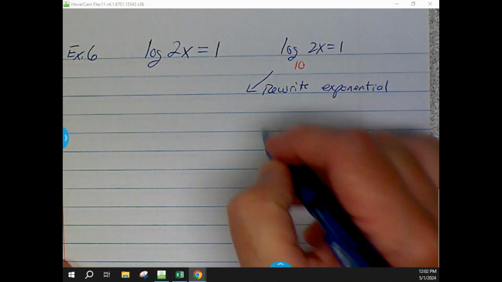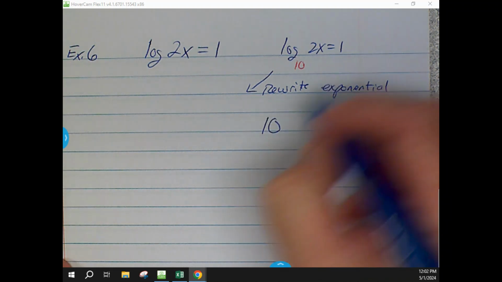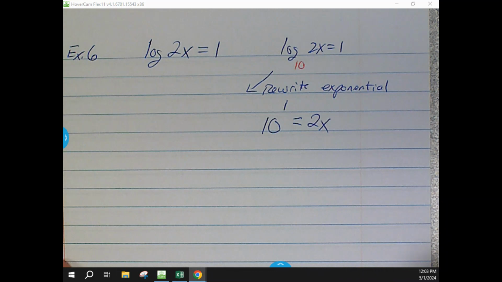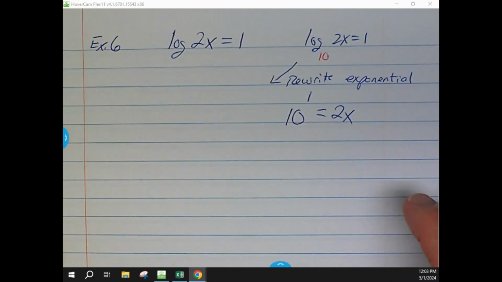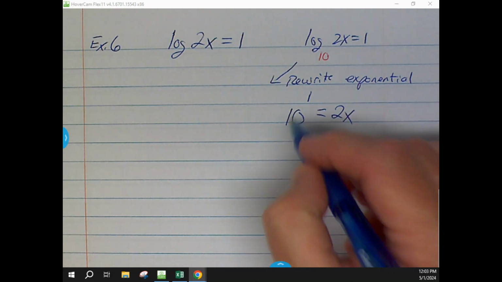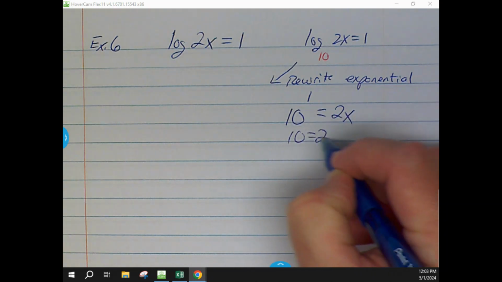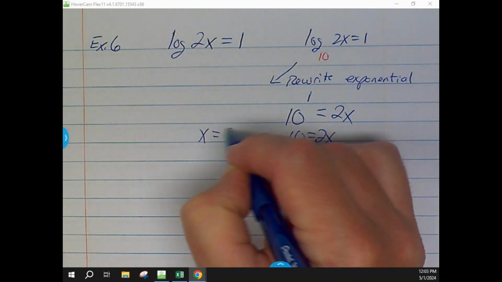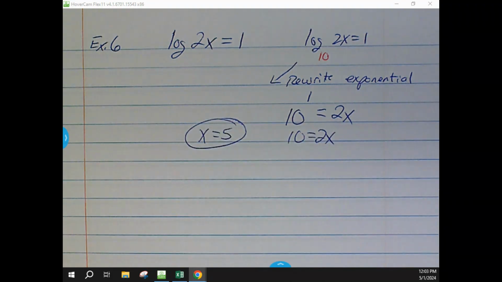So now we got to rewrite it. So it becomes 10 to the first power equals 2x. Okay. 10 to the first power is good because that's just 10. And if we take 10 divided by 2, then we know that x is 5. There you go.